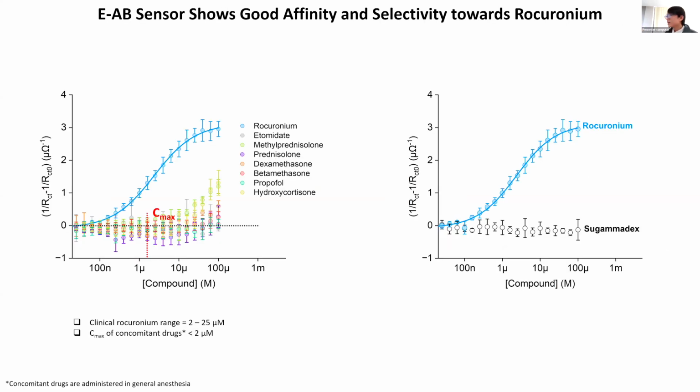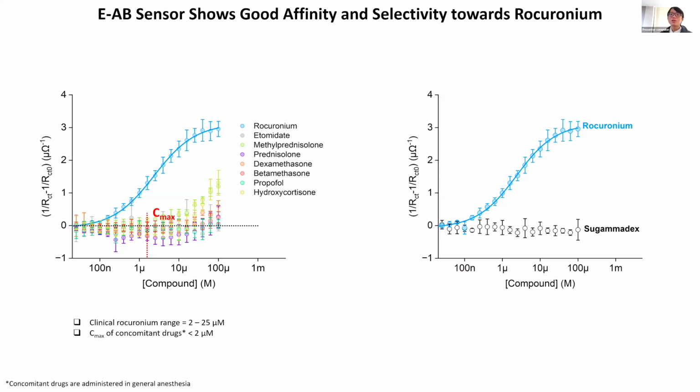We also tested the aptamer affinity towards rocuronium and some molecules potentially present in the samples. The aptamer shows good affinity for the molecule of interest and also cross-reacts with other molecules, but only at very high concentrations, higher than their maximum concentration of around 2 micromolar.